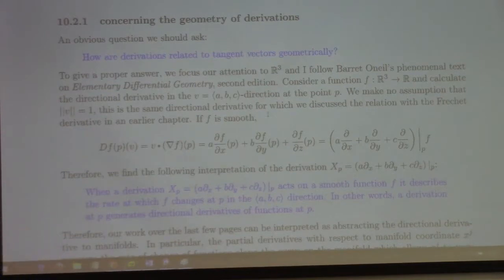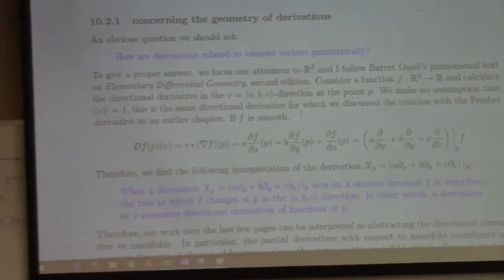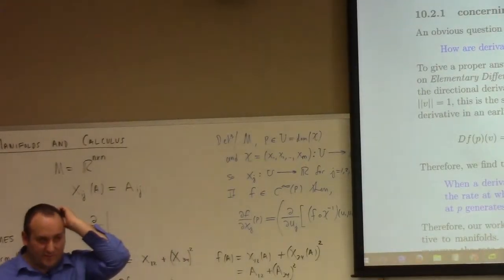When a derivation X_p acts on a smooth function f, it describes the rate at which f changes at p in the ABC direction. So there's this geometric interpretation of these derivations, in addition to the algebra, which is beautiful, and the fact that it abstracts calculus. The fact that it abstracts calculus to the curved space, to me, is what's most interesting.